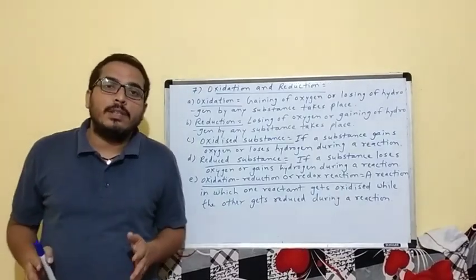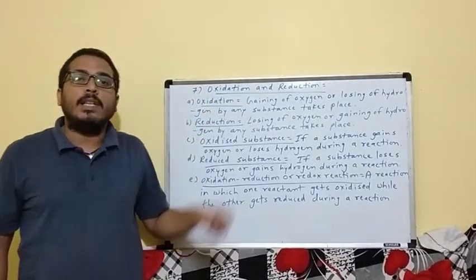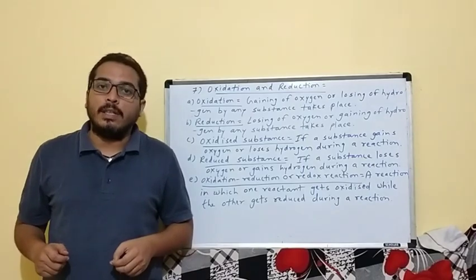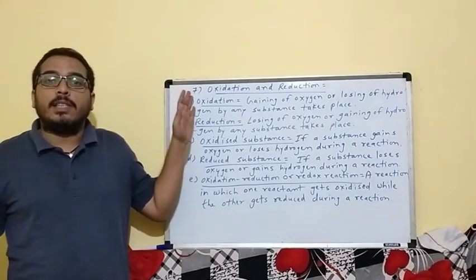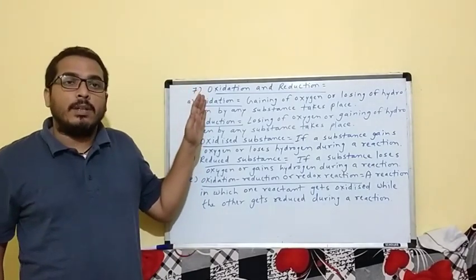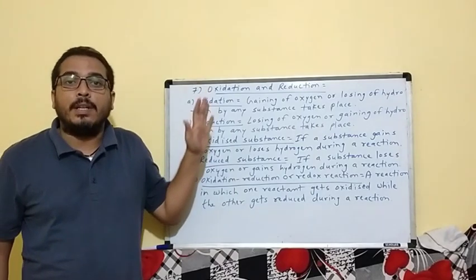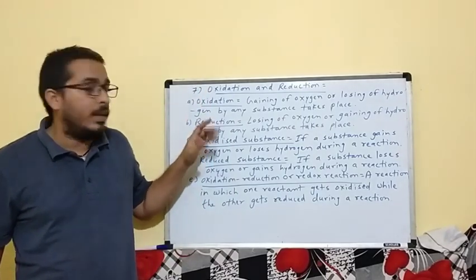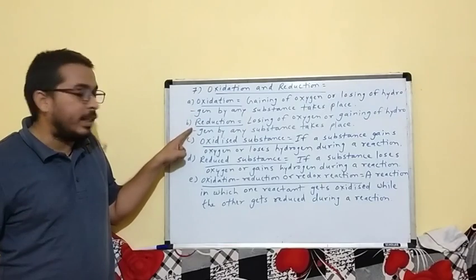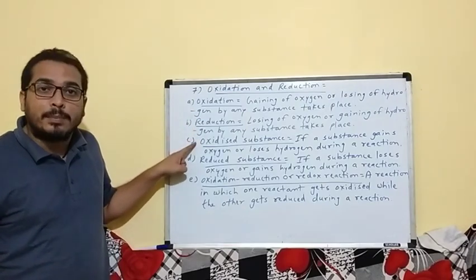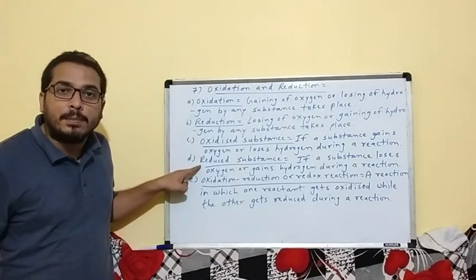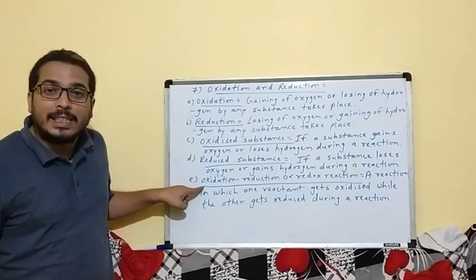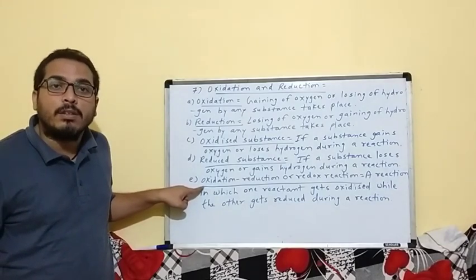So my dear students, our next chemical reaction is oxidation and reduction reaction. In this reaction, we will study 5 different terms. These 5 terms are oxidation, reduction, oxidized substance, reduced substance, and oxidation reduction or redox reaction.